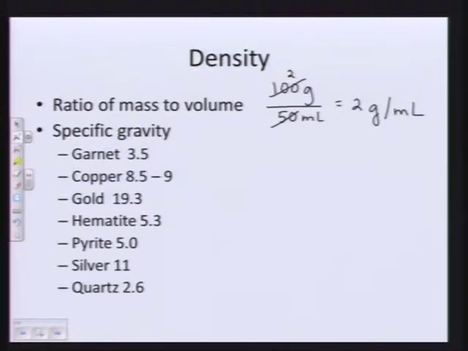So we'll be measuring our density in the units of gram per milliliter, but we're dividing the mass by the volume to come up with the density.